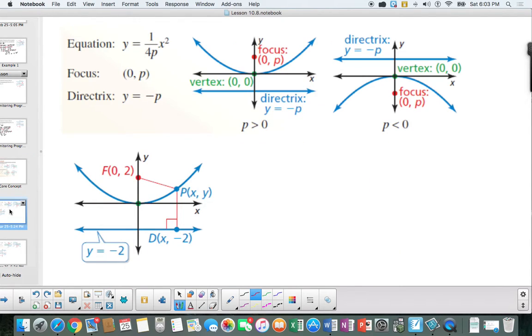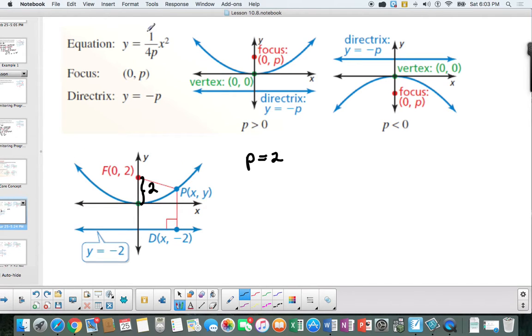Okay, let's go back to those two problems that we used the distance formula on and see if I can use this brand new way to write the equation and not go through so much work. So the first thing I want to do is examine what P is. Now this is always P, the distance from the focus to the vertex, and that's 2. So I know that P is equal to 2. Now I know the parabola is going up.